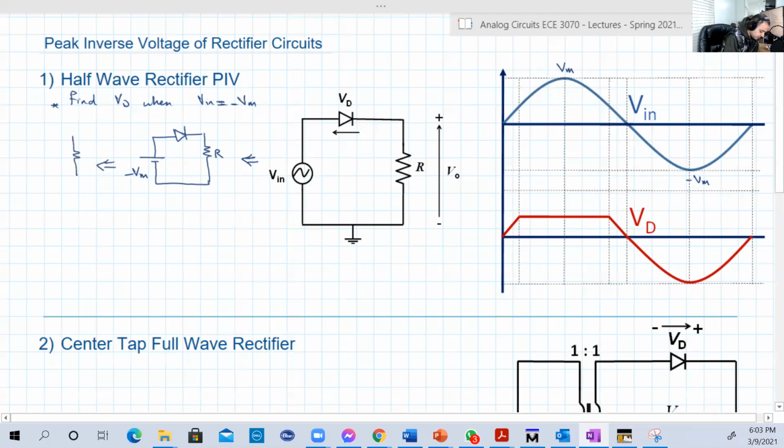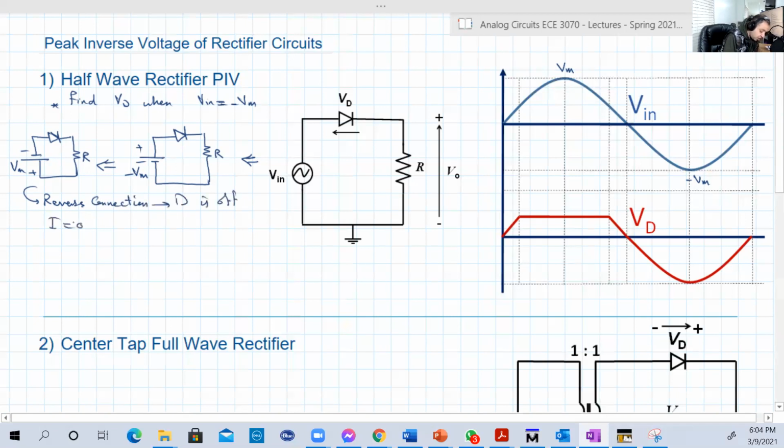So this is R, the diode, and Vmax. And here is positive negative, here is negative positive. We just flipped the direction, so we flip also the value. Okay, and this is basically a reverse connection. So the diode is off.